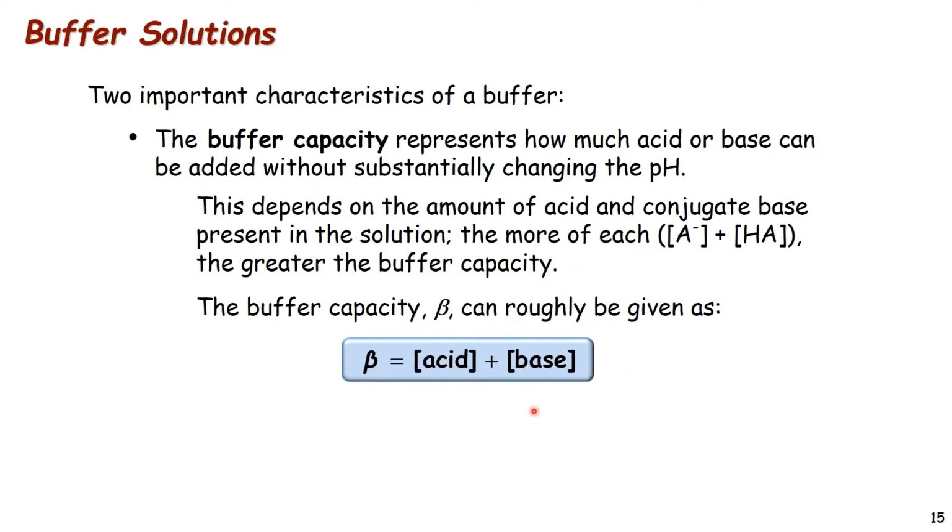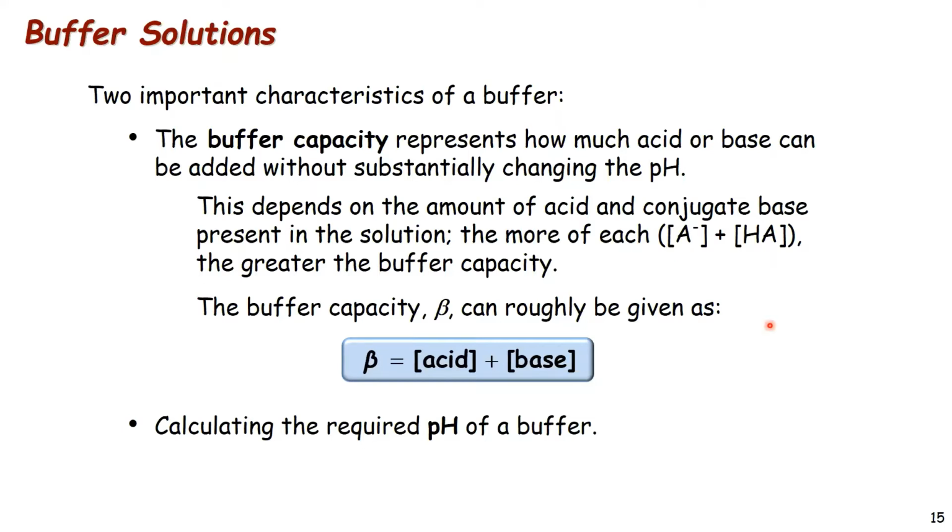Now, the other factor is the actual pH of the buffer itself. How do we figure out how to create an acid–conjugate base system that would give us that pH? We're going to find out that it's related to the Ka of the acid in the acid–conjugate base pair.